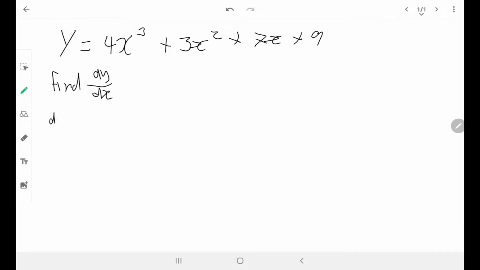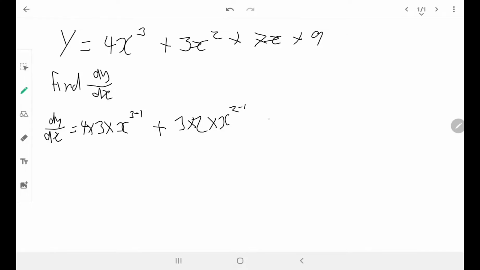So dy over dx is 4 times 3 times x to the 3 minus 1, plus 3 times 2 times x to the 2 minus 1.